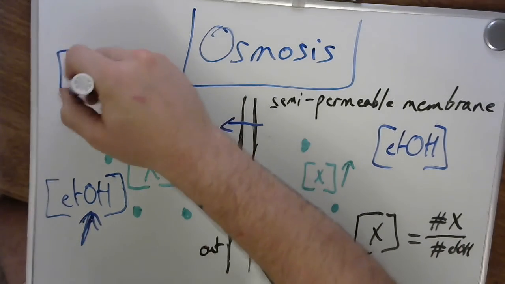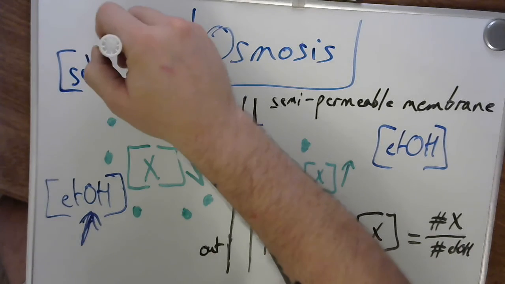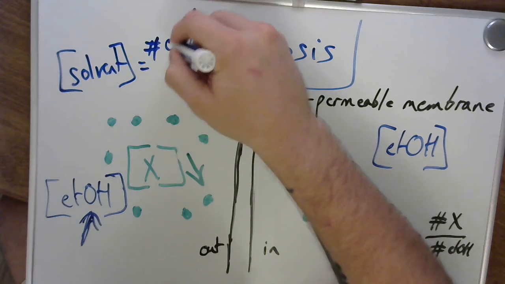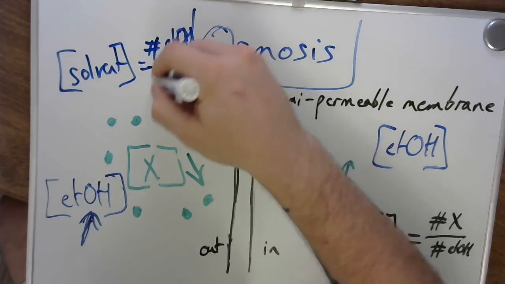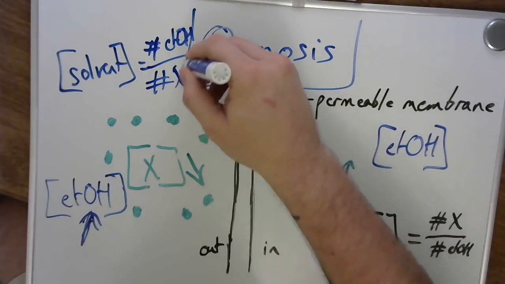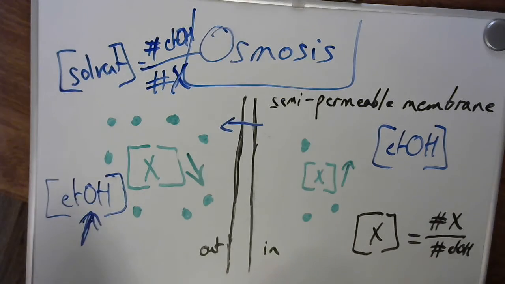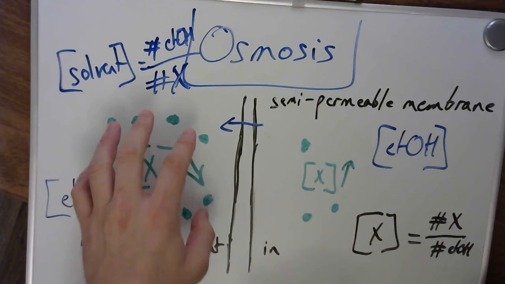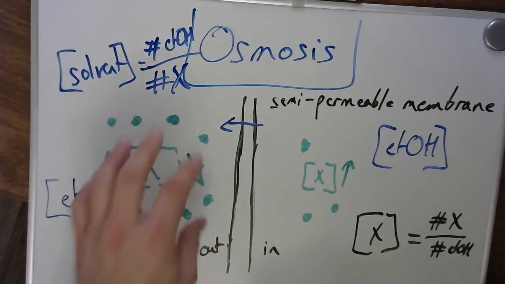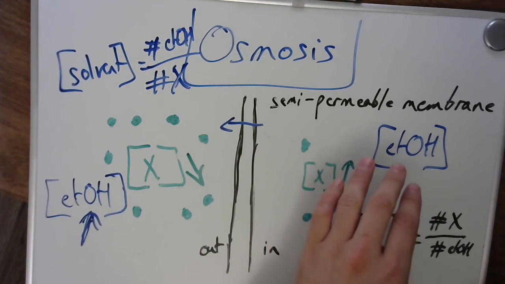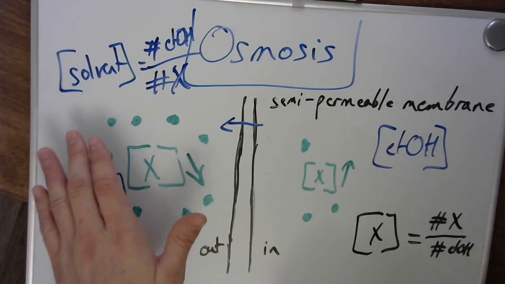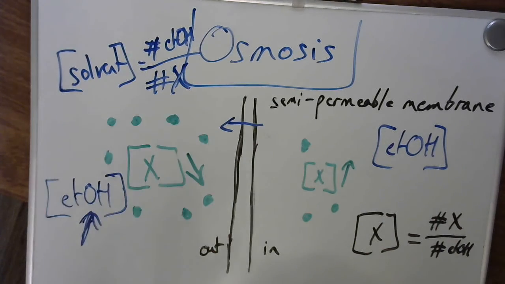But the concentration of a solvent is the number of solvent, so in this case ETOH, over the number of solute, in this case X. So you have a concentration of ethanol, if you consider that as the solvent, that is smaller outside because there is more X than inside, right? And so now you can think of osmosis as the solvent going down its concentration gradient. It's another way to think about it.